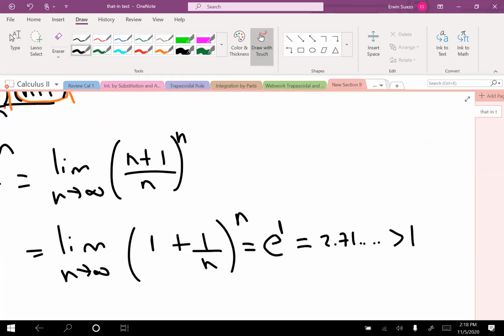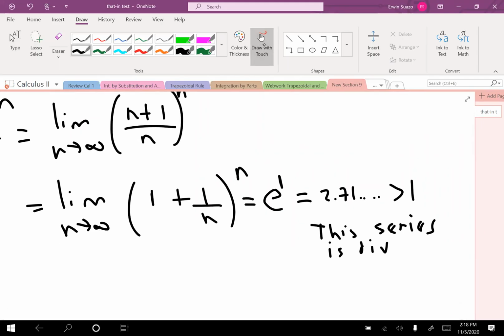So this series is convergent or divergent? Divergent. So this series is divergent by the ratio test.